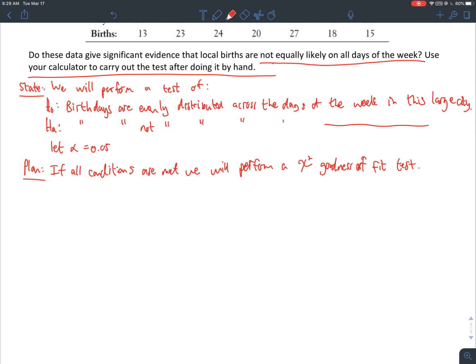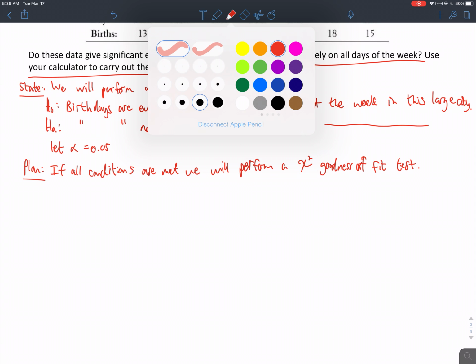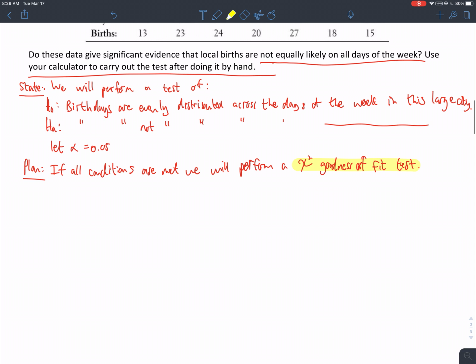Okay, so here's the procedure name: chi-square goodness of fit test. And just think about goodness of fit test: how good does the population distribution fit the claim, kind of a thing. That's what you have to think about. All right, that's why we call it that.